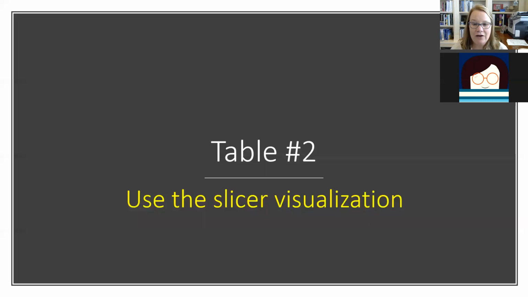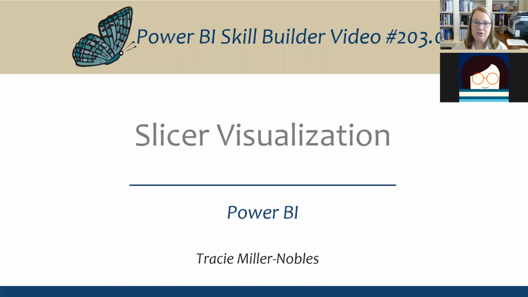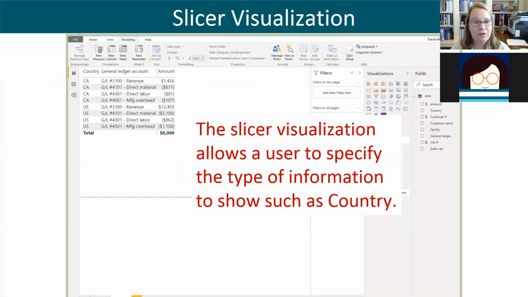So after I have a table created, which includes country, facility, general ledger, and amount, but I want to show specific information by only showing country, for example, I have to add a slicer visualization to that. So what we're going to do with the slicer visualization is it's going to allow us to sort a table that we've already created, such as by showing only country information.